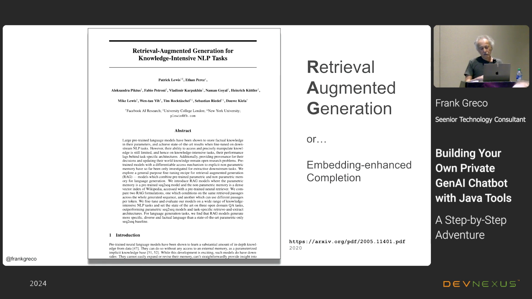Then Facebook AI research came along in 2020, and they stood on their shoulders, right? That's what we all do. We stand on the shoulders of people before us. And they came up with something called RAG, or Retrieval Augmented Generation, which is taking the idea of a conversation, but using that in the context of an LLM.